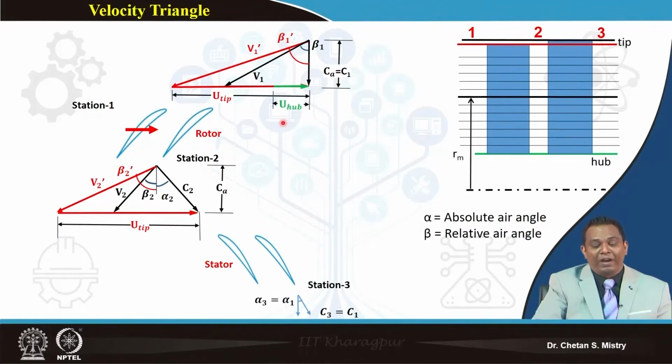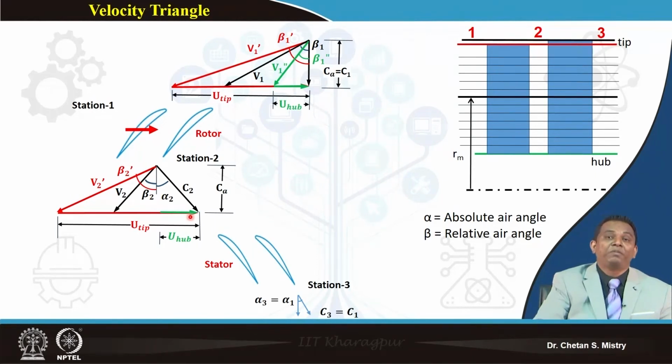Now if I connect, surprisingly you will see my relative velocity component is coming to be lower, and my angle is also coming to be lower. In line with that, what will happen at the exit? Let me put this U hub, which I am representing by the small component. It is pi into diameter of hub into speed by 60. And this represents my blade angle.